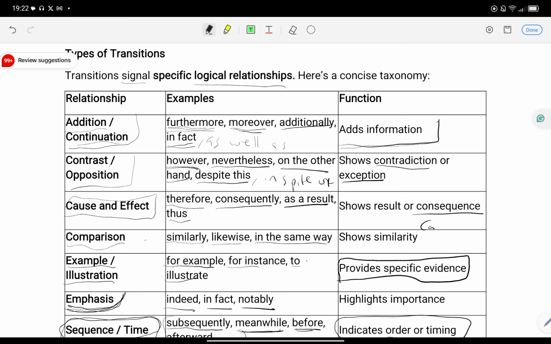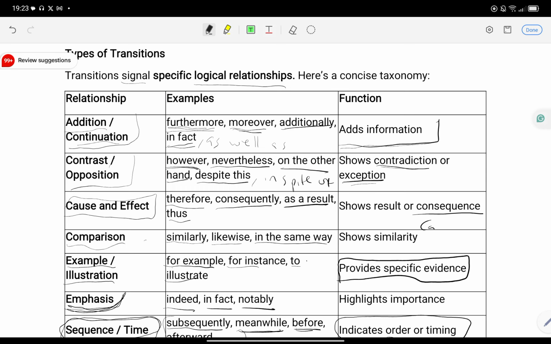I'm not expecting you to memorize every word, but I'm expecting you to know the different contexts in which they can be used and the relationship that they reflect. That way, if you see them in options during the test, you know which one is the right one to pick. All of these show contradiction or exception.